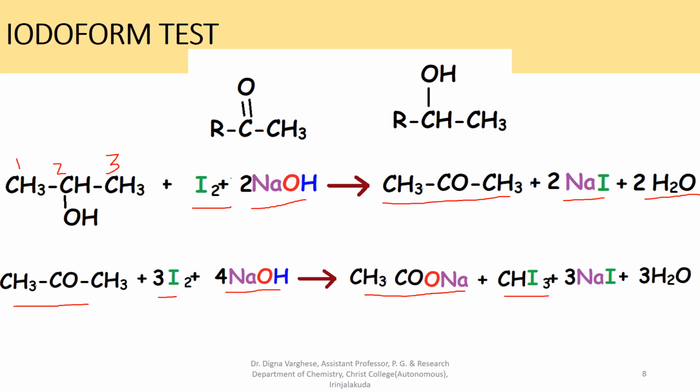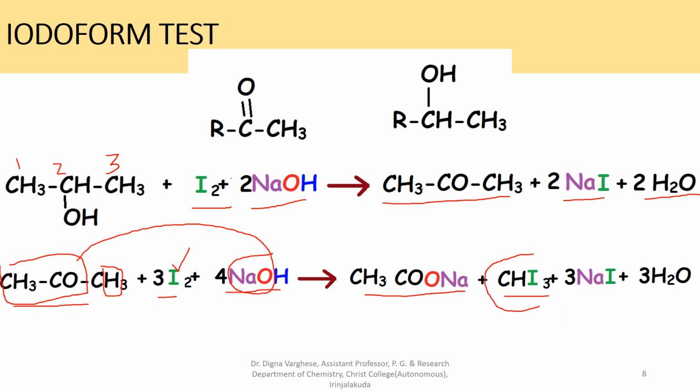Here the 3 hydrogen atoms are replaced with 3 iodine, and here the CH3CO part is attached to NaO, forming sodium acetate. And iodoform is formed.